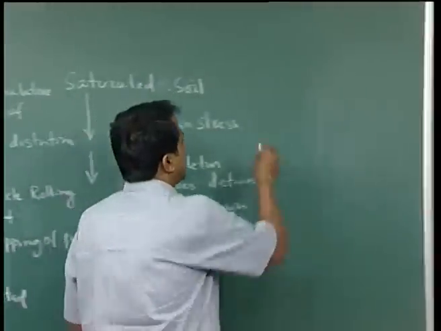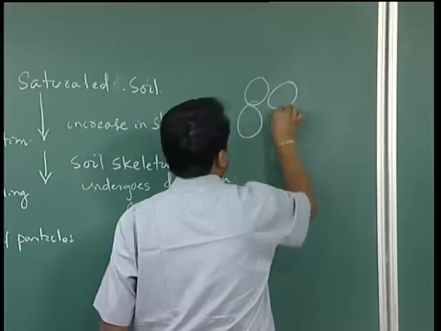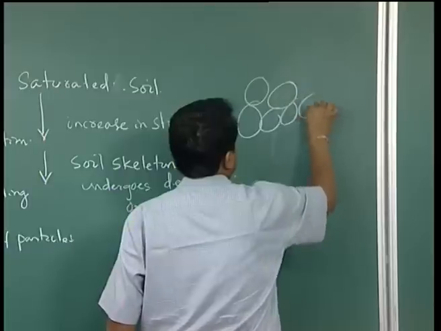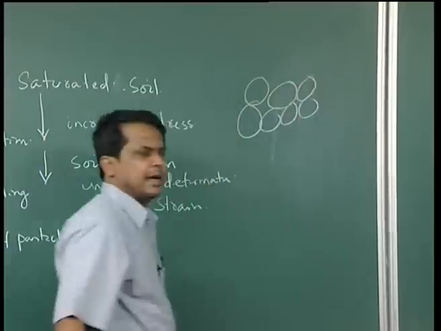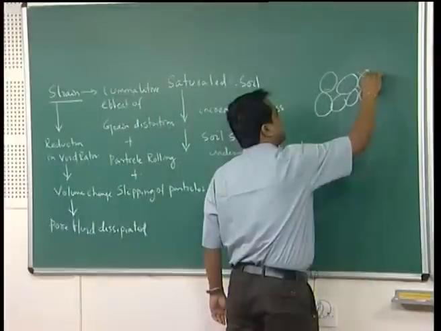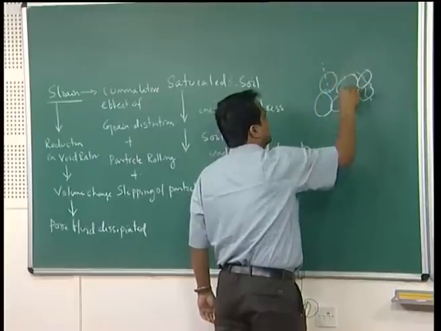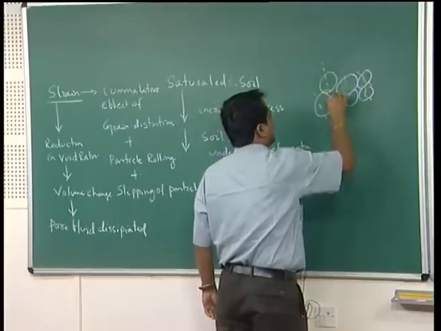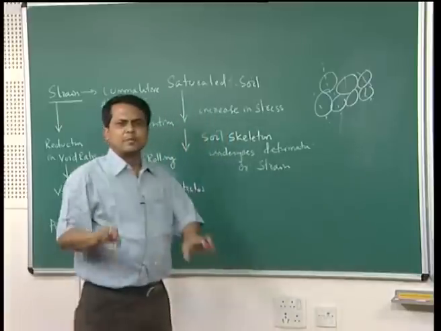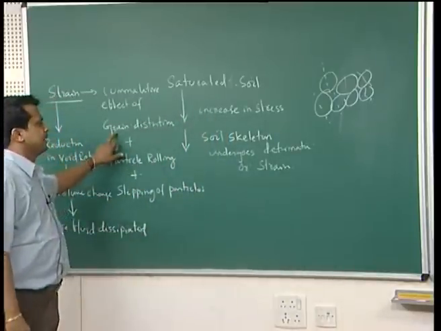Grain distortion means the grain will disintegrate, that is, particle breakage will occur. Because of particle breakage, there is a distortion of these particles. That is number 1.